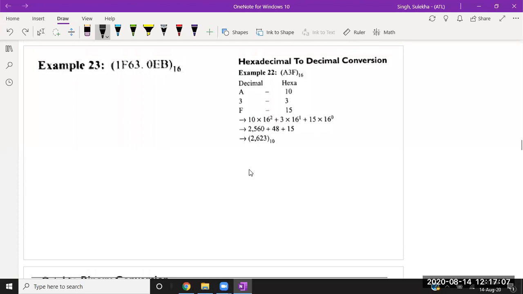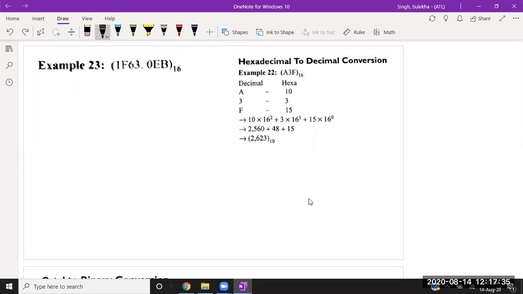Okay, so solve this problem. This is a hexadecimal to decimal conversion. Is it an invalid hexadecimal number, F?